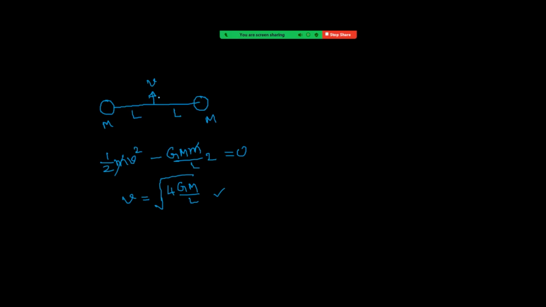Next, here the only force acting is gravitational force, which is a conservative force. Therefore, the total energy of this object and these two planets is a constant. We have to take total energy, meaning we have to focus on the system. Therefore, the total energy of the system is a constant.